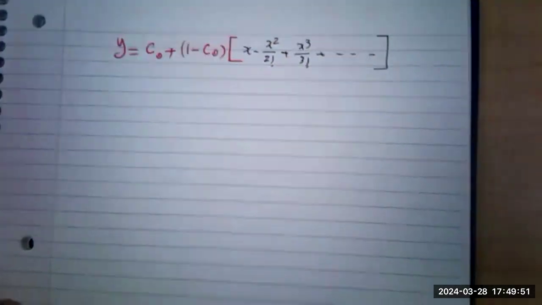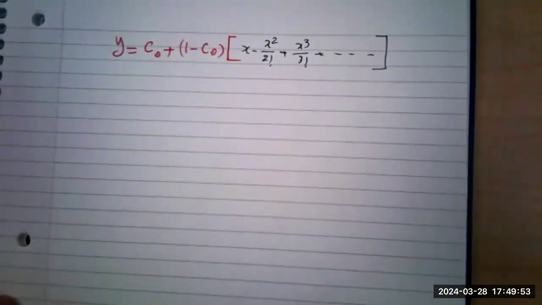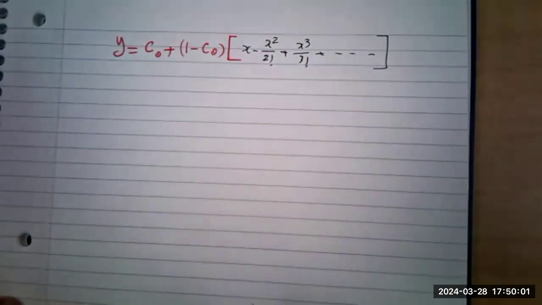What is this? Not exactly. Something is missing. You make it e to the x? No. e to the x is 1 plus x plus x squared over 2 factorial, etc. The 1 is missing.